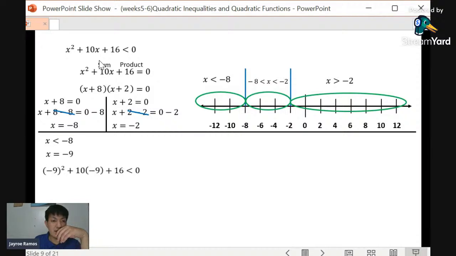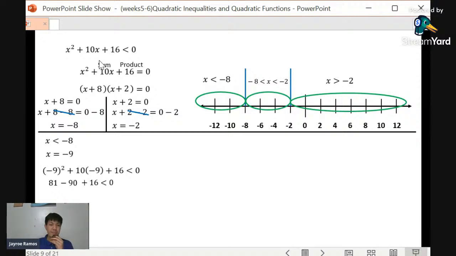So it will look like this, no? Pinalitan lang natin. So it will become negative 9 squared plus 10 times negative 9 plus 16 is less than 0. Okay, after that, we're going to simplify. Negative 9 squared, that would be 81. Of course, 10 times negative 9, that will be minus 90. And just copy, plus 16 is less than 0.